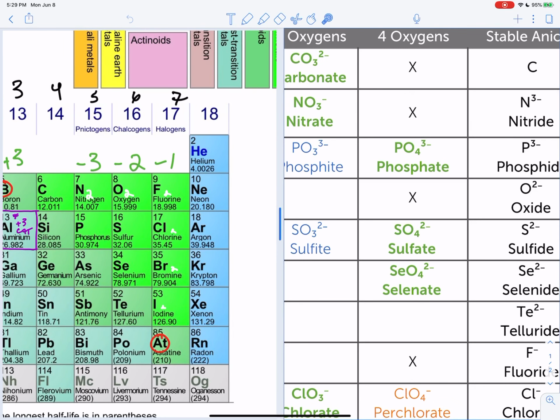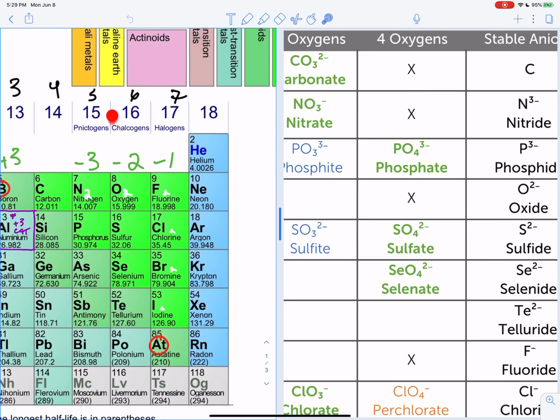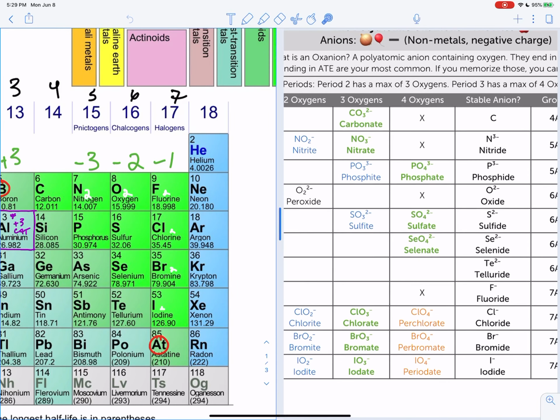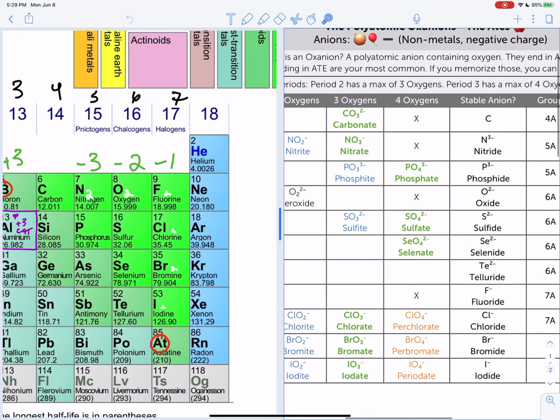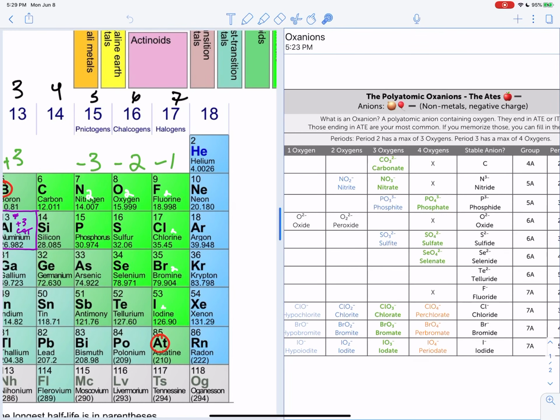Just remember phosphorus is in group 5, which has a -3 charge. Remember, it wants 3 electrons to get to argon, okay? So same thing. If you remember phosphate, sulfate, and selenate, then you're good to go. You now know 3, 4, 5, 6 elements on the periodic table and their polyatomic oxanions, okay?